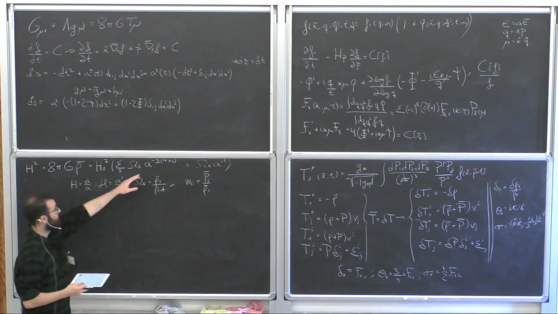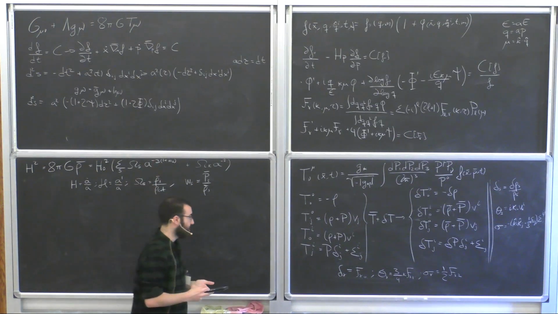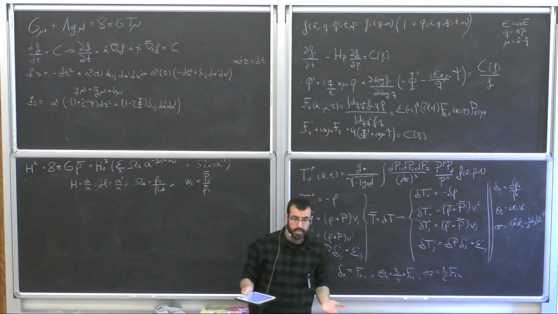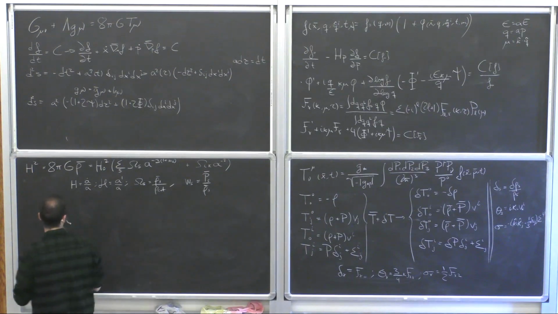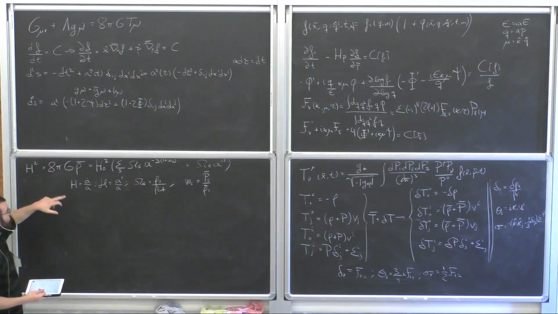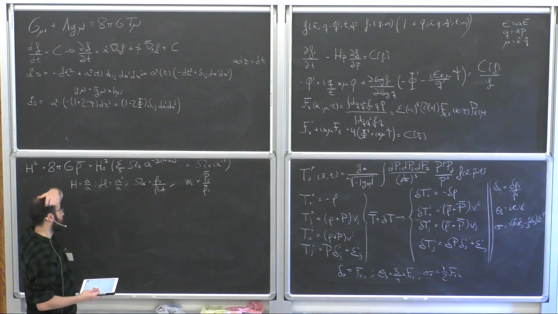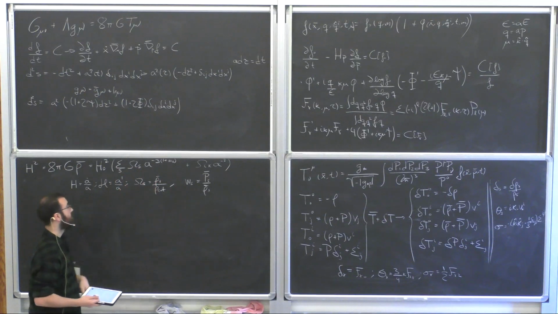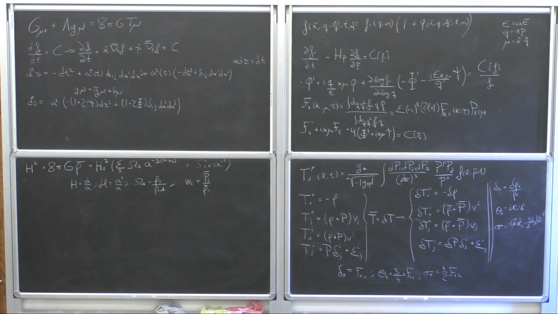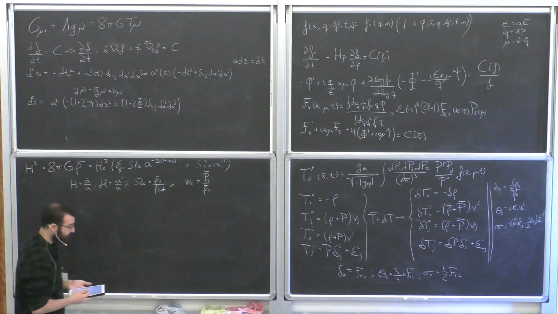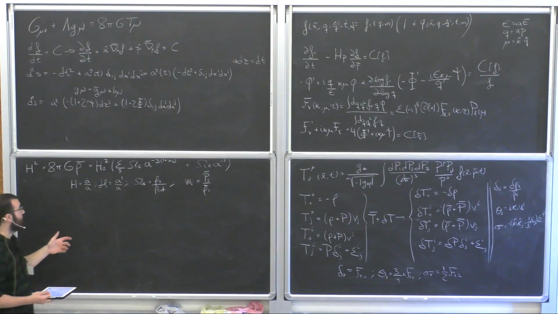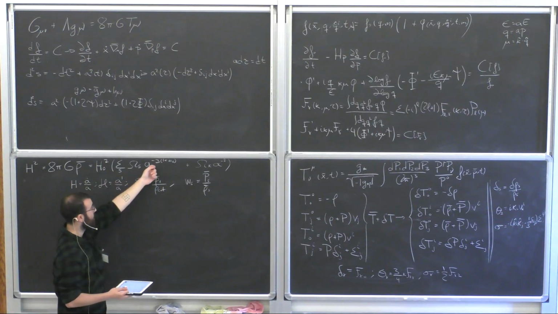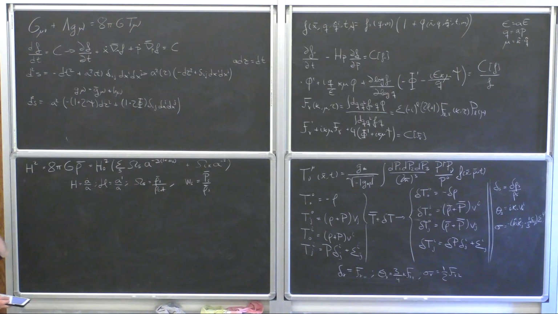Now here, for example, if we are in the radiation-dominated epoch at the very early times, where all the energy density of the universe is dominated by relativistic particles and radiation, the expansion rate is going to evolve as a to the -4. But on the contrary, if we then go to the matter-dominated epoch, this is going to evolve as a to the -3. And that changes how the expansion rate evolves with time.